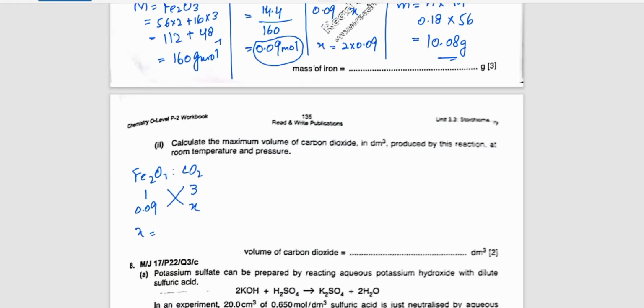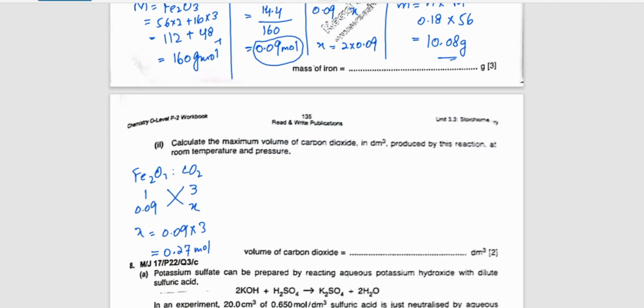So x is equal to 0.09 multiplied by 3, which becomes 0.27 moles of carbon dioxide.